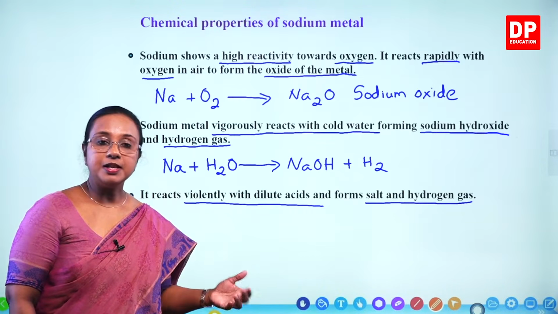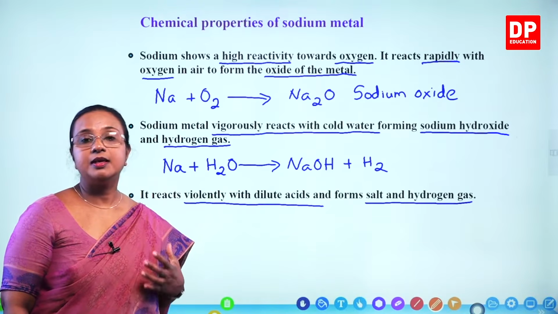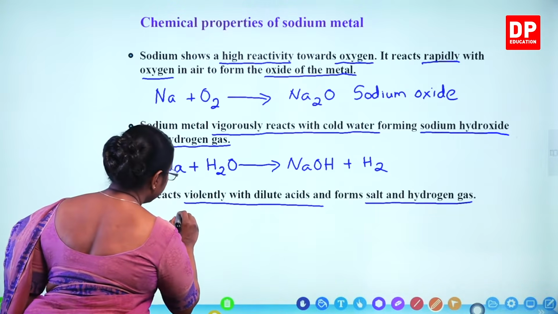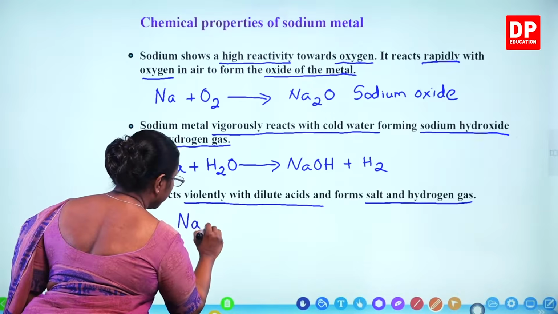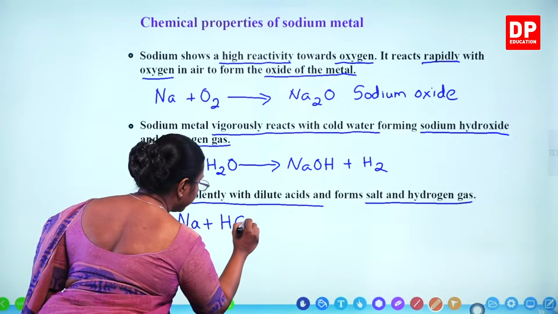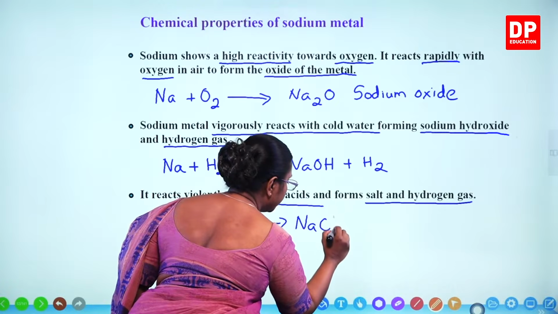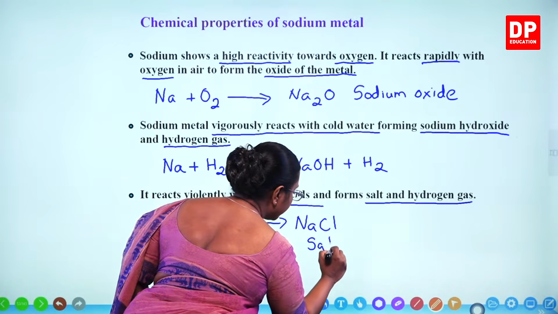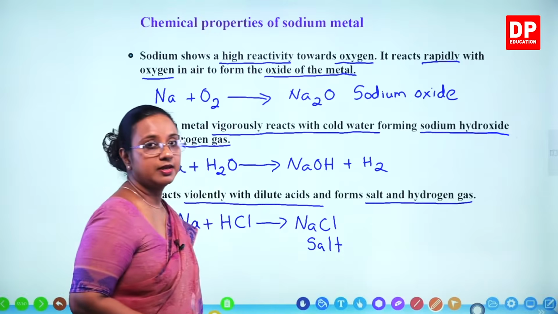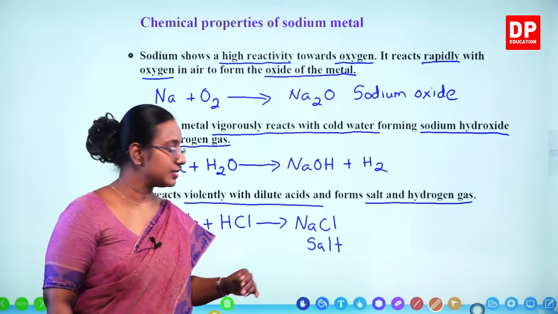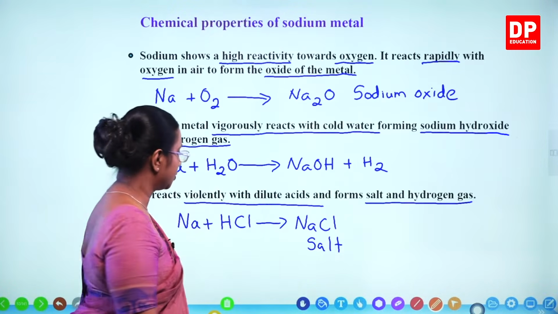For example, if we react it with hydrochloric acid, sodium will react with hydrochloric acid and it will form sodium chloride. This is what we call as a salt. A metal reacts with an acid and forms a salt.